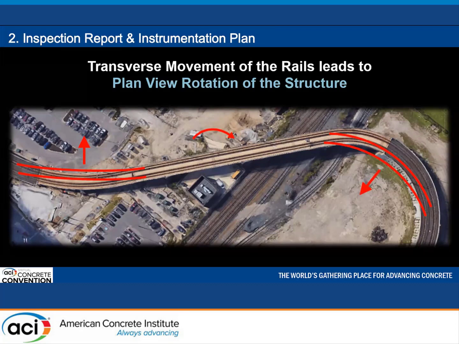The animation shows the effect of thermal contraction of the rails, pulling the bridge to the inside of the curves, resulting in plan view rotation of the entire structure. Distress due to this transverse movement of the rails was evident during the inspection. There was cracking in the bridge around the rail fasteners, cupping of ballast just off the structure, and damage to the rail fasteners attached to the abutment back wall. These are classic signs of RSI effects.